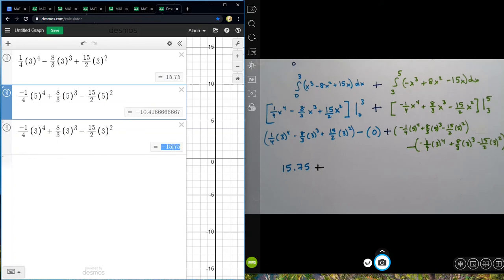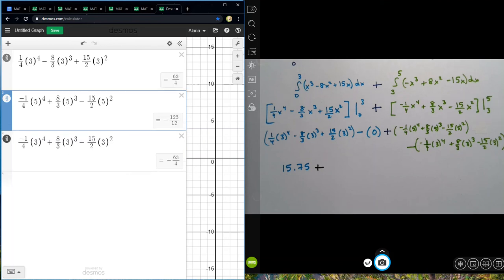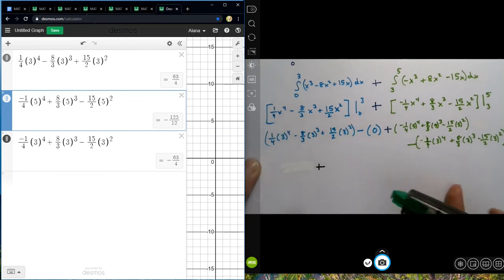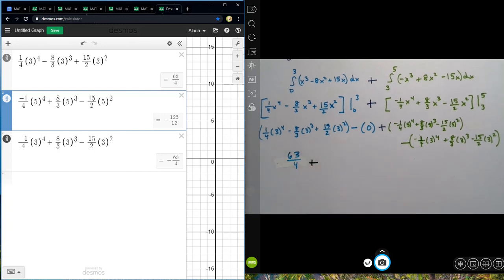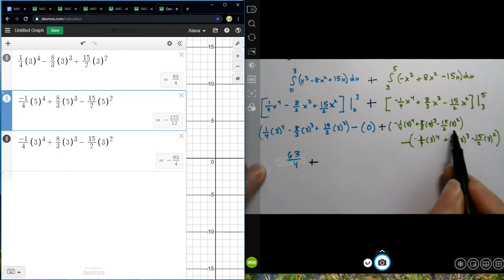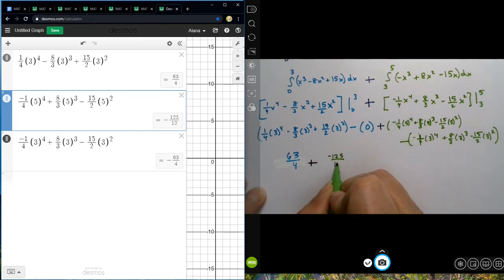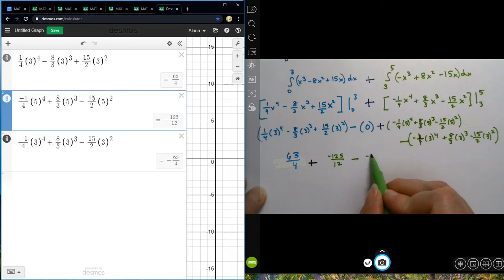And then this is negative 10.41666 repeating, which is negative 125/12 if you want to know. Matter of fact, I think I'll use the fractions just for right now. So it'll be 63 over 4 plus a negative, that part right there is negative 125 over 12. And then minus, and then this, what I typed in there was another negative 63 over 4, right?